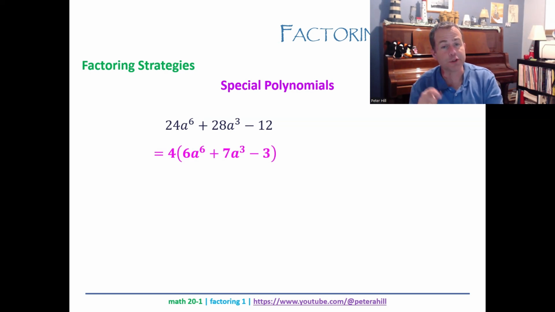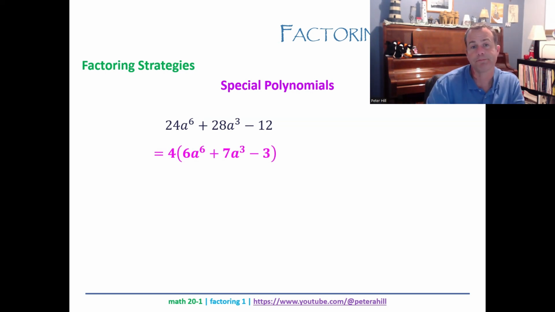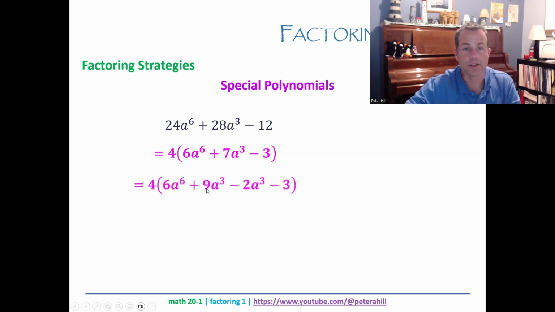So now I'm looking for two numbers that multiply together to give me -18, the 6 times -3, and add together to give me 7. Well, I know that that's going to be 9 and -2. So I'm going to break my middle term down into the 9a cubed and the -2a cubed. I'm going to factor the front two, factor the back two.